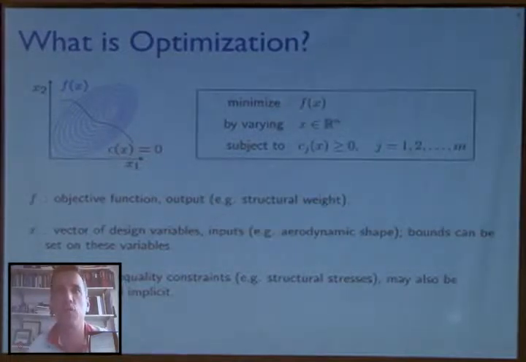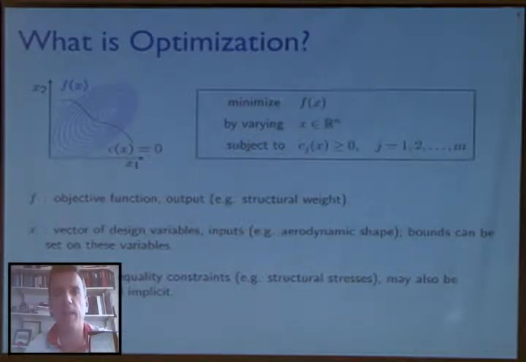For example, in a structure, it might be the structural weight. That's mathematically given as a function, and we want to minimize it by varying a set of variables. This could be a very large set of variables, indicated there as X. As an example, if we want to optimize or design the aerodynamics, we would change aerodynamic shape, changing the shape of the wings, fuselage, etc.